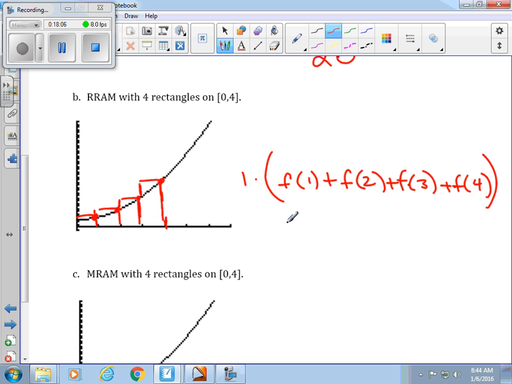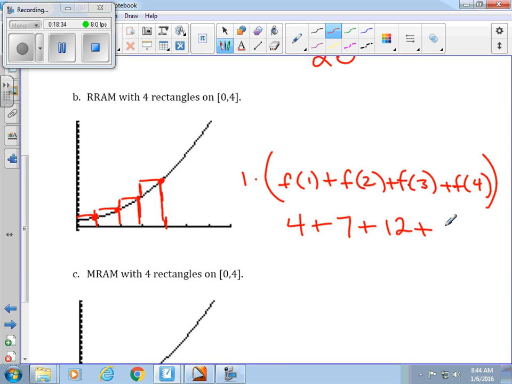If this had been a left rectangle approximation, instead of 1, 2, 3, and 4, I would have picked 0, 1, 2, and 3. Very good. F of 1 is 4, is that right? F of 2 is 7. F of 3 is 9 plus 3, 12, is that right?